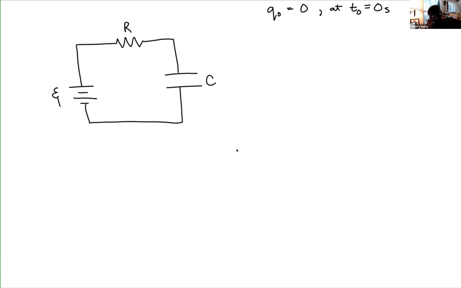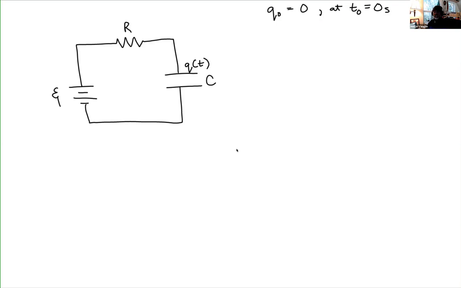And once we connect this circuit, charge will start accumulating on the plate of the capacitor, on both plates of the capacitor. And I'm going to represent that charge as a function of time, Q of t. So when t is equal to 0, we have 0 charge.